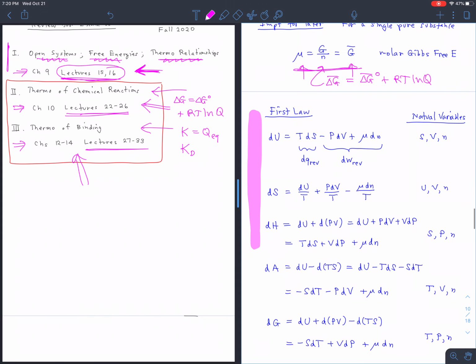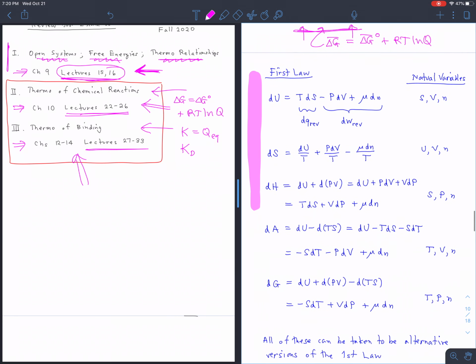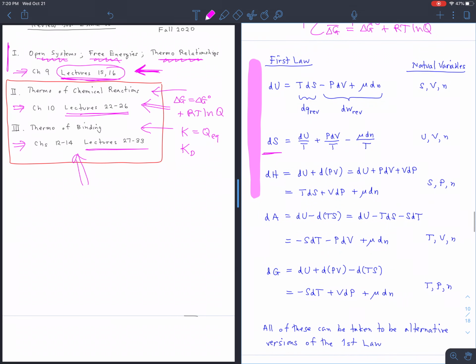Then there's a whole bunch of first law relationships. I'll say the same things about them. They're important, but maybe less important in this class because we won't deal with the formal structure of thermodynamics as much here as we would in a class that was dedicated to thermodynamics, either at the undergraduate level or at the graduate level.